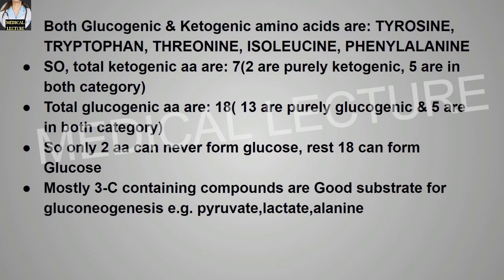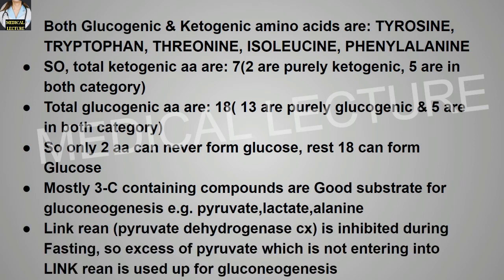Mostly 3 carbon containing compounds are good substrates for gluconeogenesis, for example pyruvate, lactate, alanine. The link reaction, in which pyruvic acid is converted into acetyl-CoA using the pyruvate dehydrogenase complex, is actually inhibited during the fasting state.